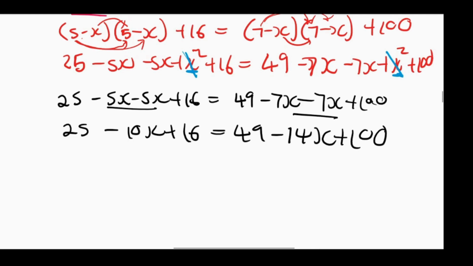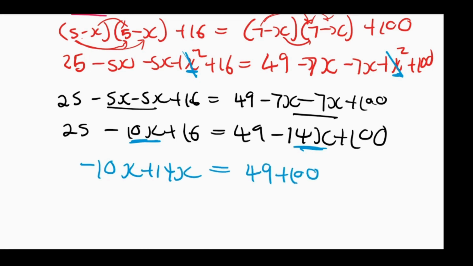So now we're going to add the like terms for this one and this one. So it's going to be minus 10x plus 14x equals to 49 plus 100, and then you transpose this one and this one to the other side. We have minus 25 minus 16, right?